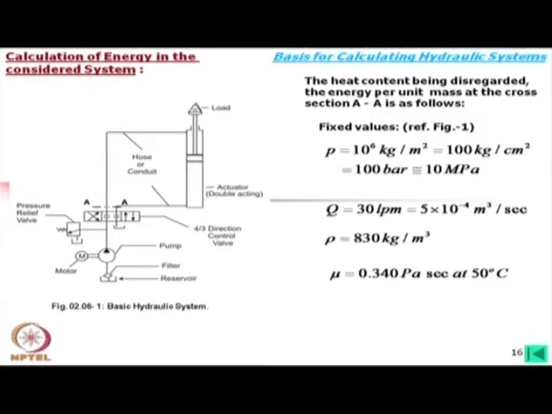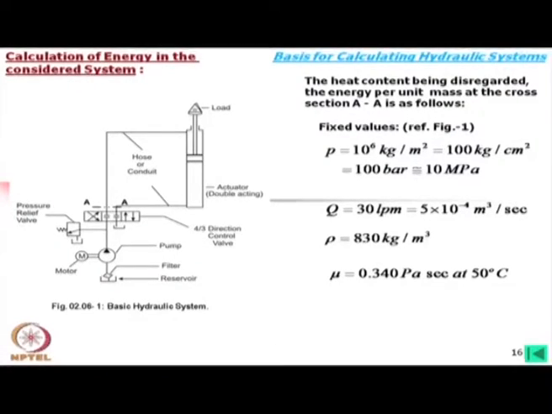in cold country, for cold start oil temperature may be less, but when it starts working, usually you will find that oil temperature will increase because of the friction and other things, and maybe 30-40 degree centigrades the oil temperature inside it, even if the ambient temperature may be 0 degree.